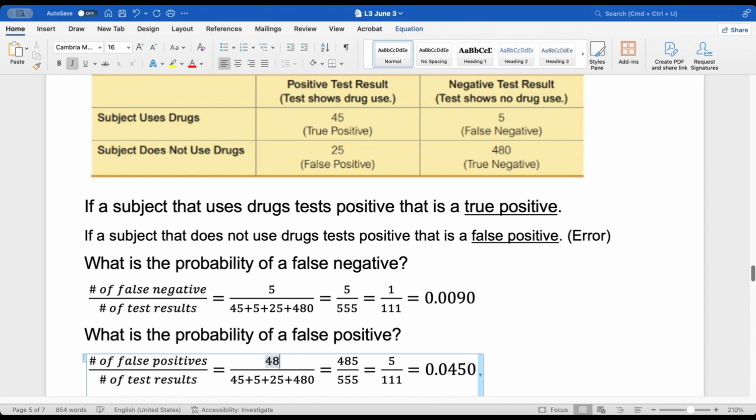So this needs to be corrected here. Let me just make that change. So this is 25 out of the same 555, which does reduce down to 5 over 111.